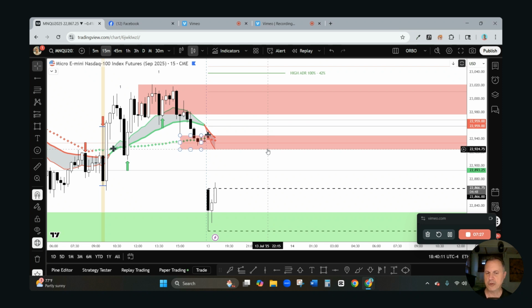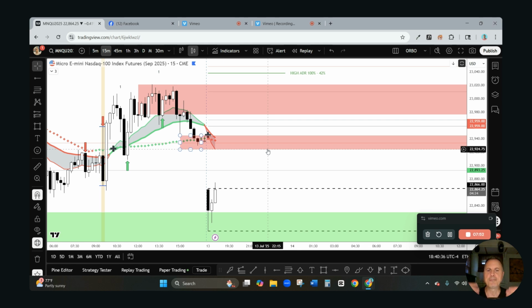And as you know, our bare bones minimum components are 3-hour CCI above the 0 line, 1-hour CCI above the 0 line, and price must be above the 50 simple on the 1 hour as well. Those are the 3 bare bones components that we need to take the actual breakout.